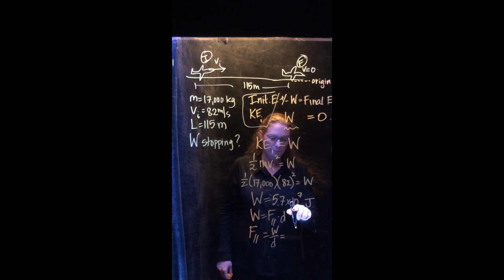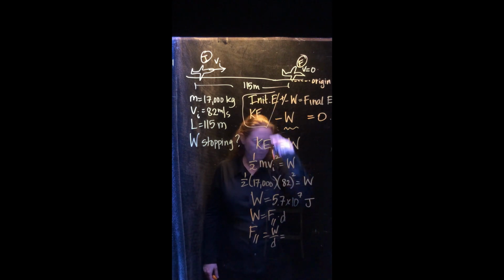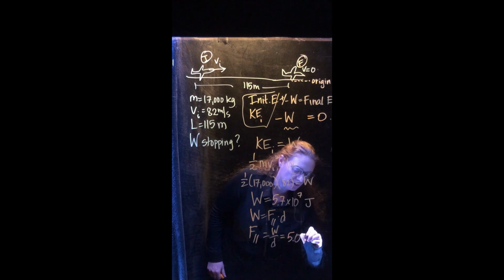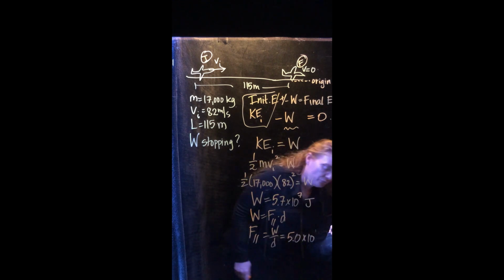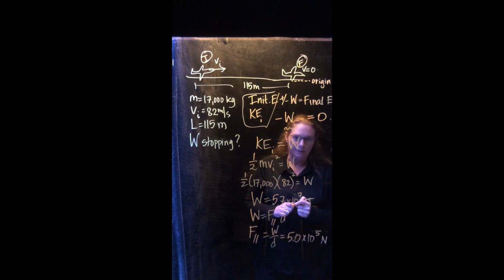So 5.7 times 10 to the 7 divided by 115 meters will get you about 5 times 10 to the 5th newtons. That's a lot of force. And what's doing that? Mostly friction. You've probably got a tail hook and stuff like that, but we could say that's mostly friction there.